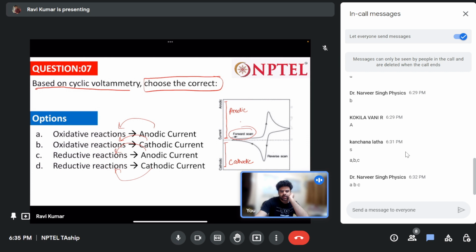Is this anodic current due to oxidative or reductive reaction?